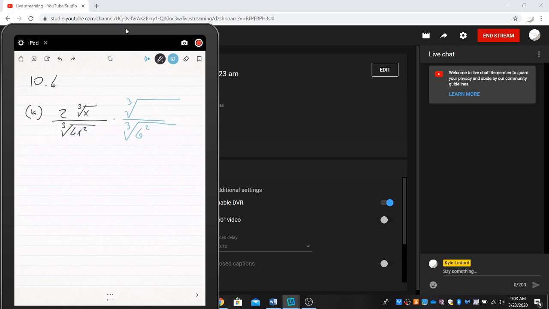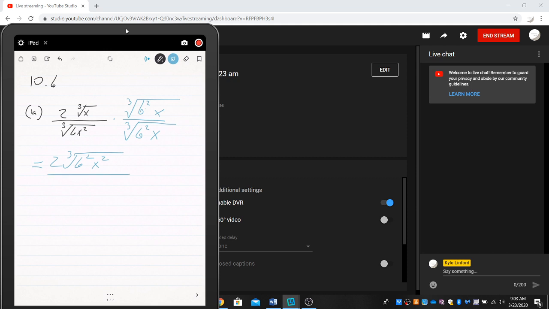Well, if I want a perfect cube, I better just multiply by 1 more. So let's see what happens when I multiply the cube root of 6 squared x to the top and the bottom. Well, the top is going to be 2, and then the cube root of 6 squared and x squared.